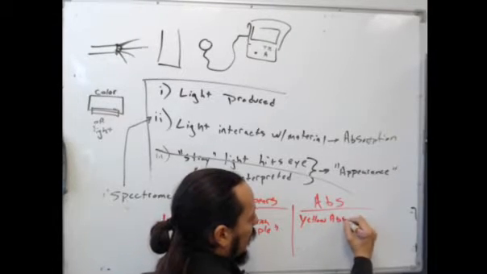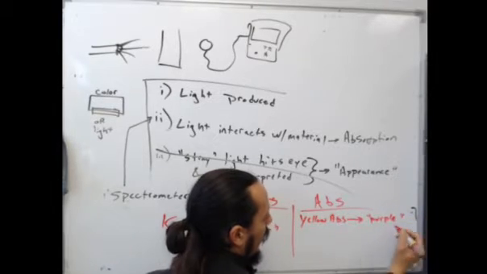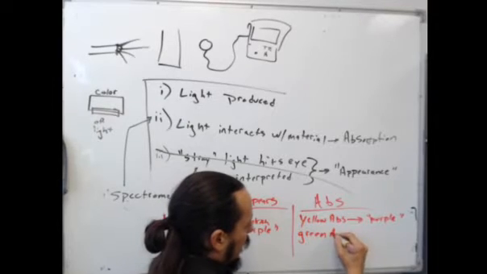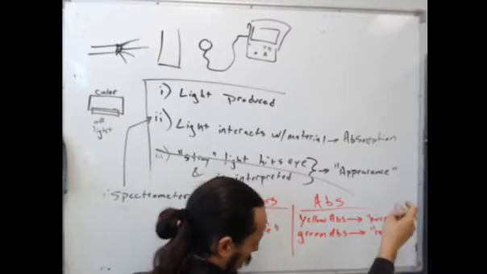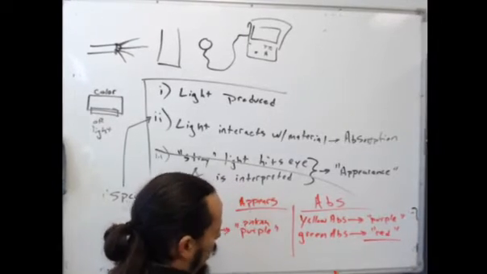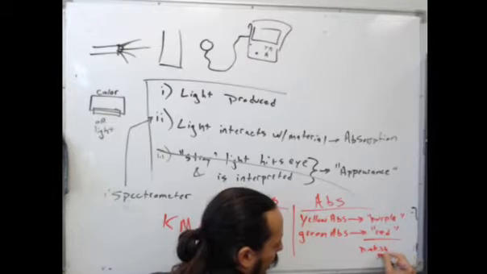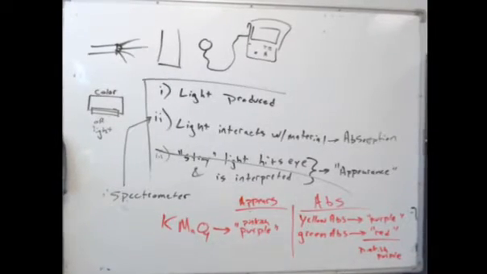Right, so yellow absorbance would give us a purple color. Yeah. And then green absorbance would give a reddish color. Mix those two together, we get pinkish purple. I think if we look at it, it also absorbs into the blue a little bit, which adds a little bit of an orange hue to it.